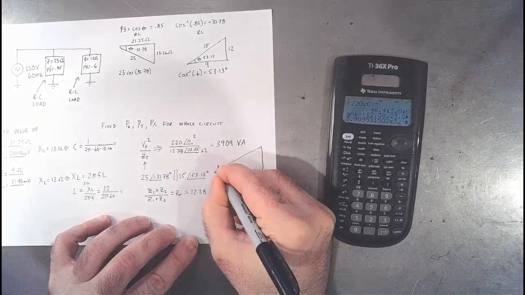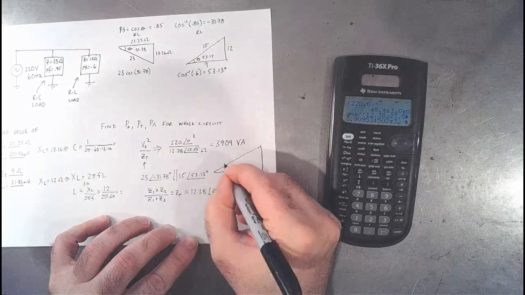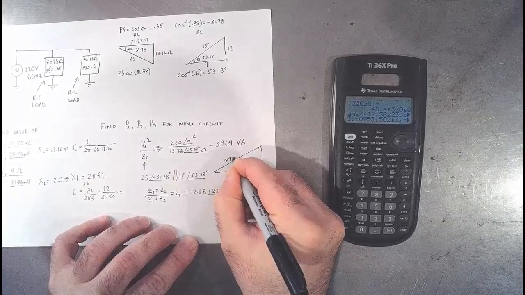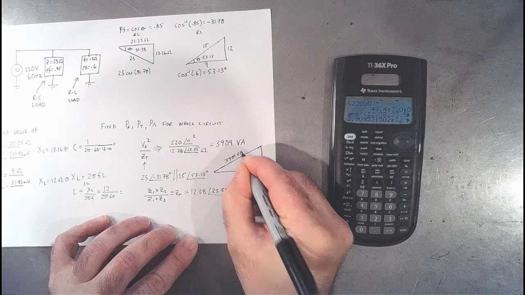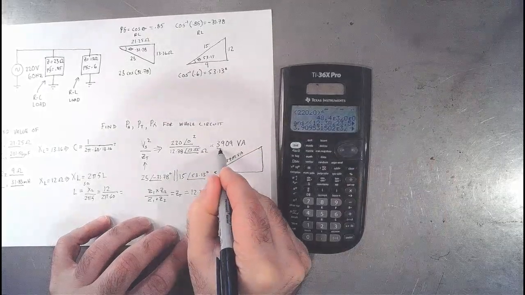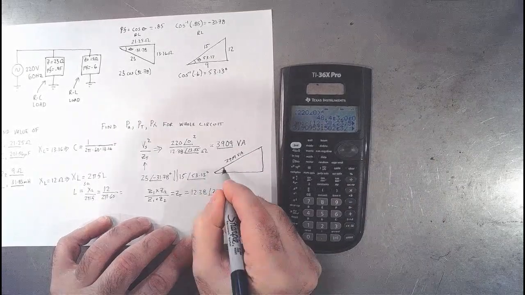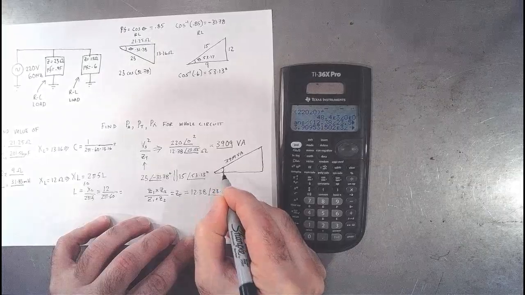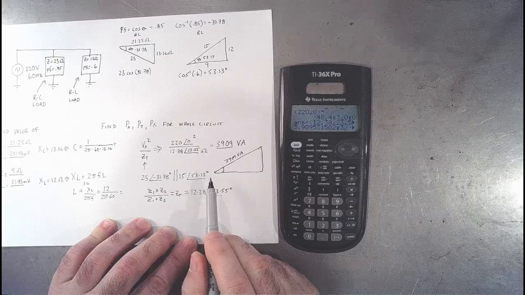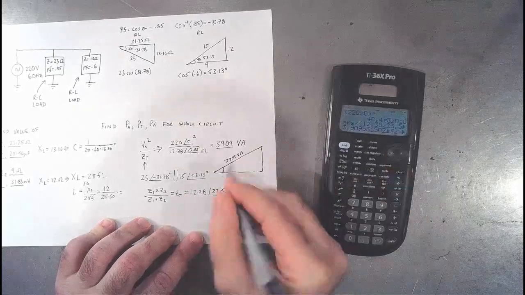So the apparent power is just going to be this right here. So that's 3909 volt amps. So the apparent power is just the magnitude of the complex power right there. And what's the angle of the power triangle going to be? Well, it's going to be the same angle as the total impedance, which was 23.55.